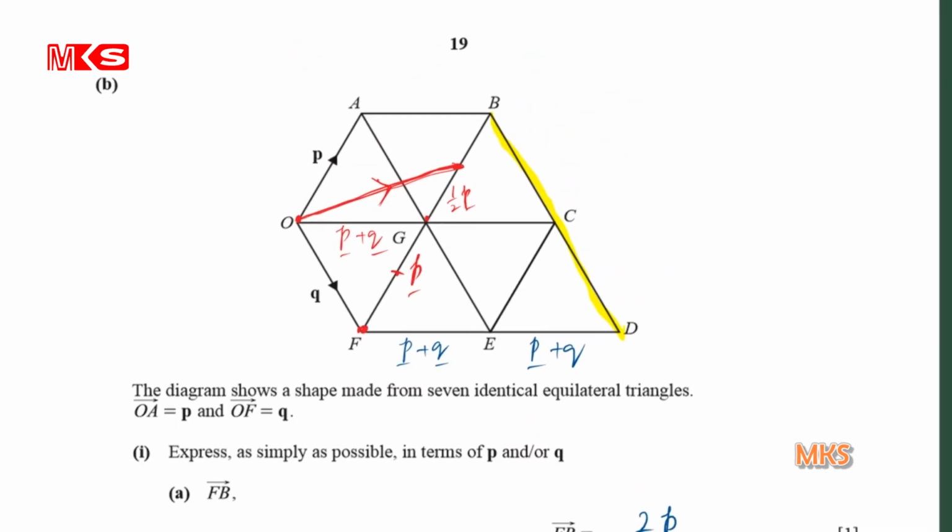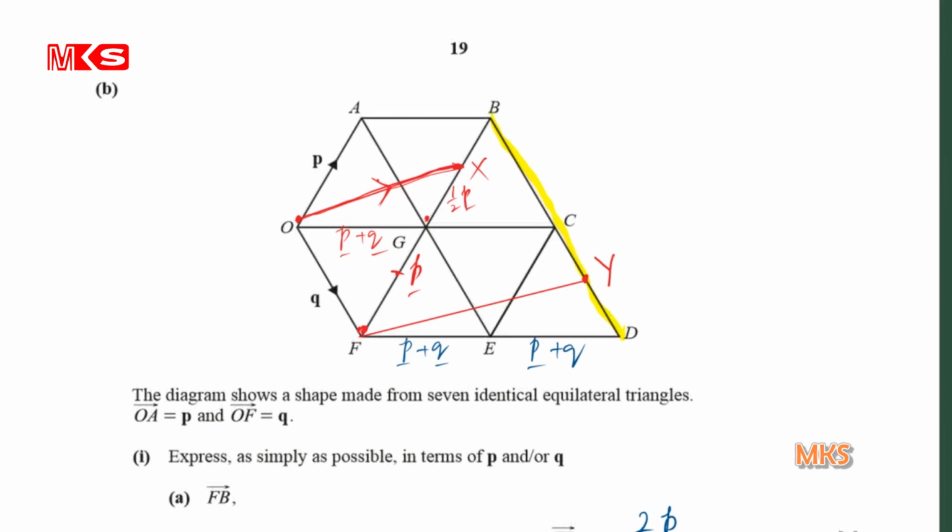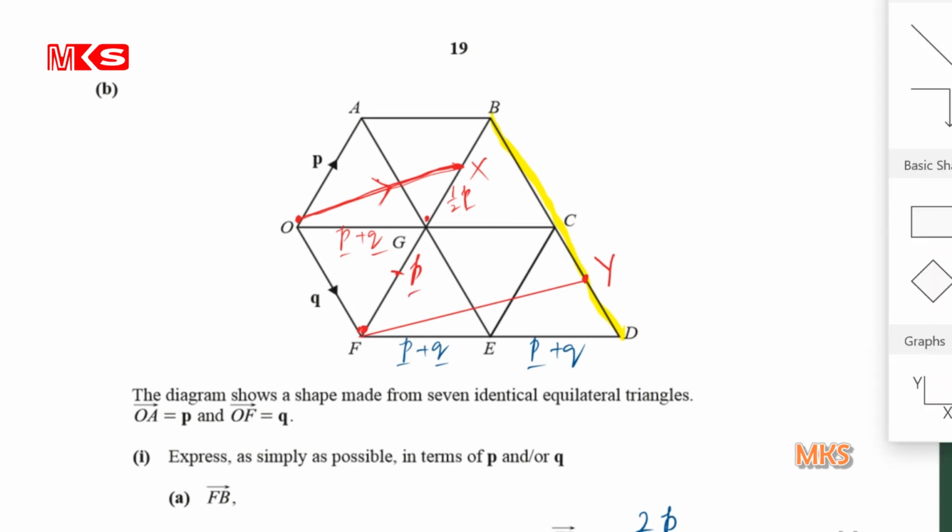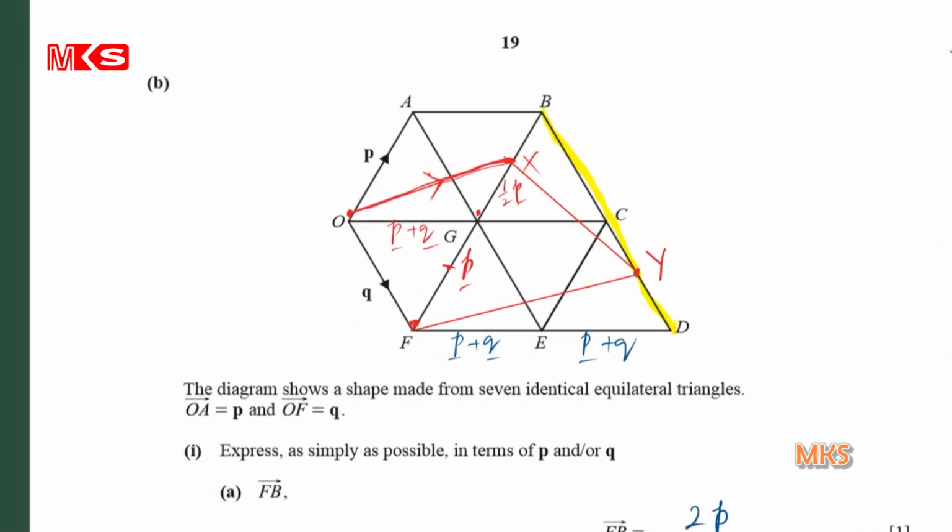So that was O, X, Y, and then F. It means Y will be on the line segment CD, and FY should be parallel to OX. This is the only way we can have it. Otherwise, with Y taking on BD, XY cannot be parallel to OF. This is the quadrilateral we are talking about. This would be the trapezium.